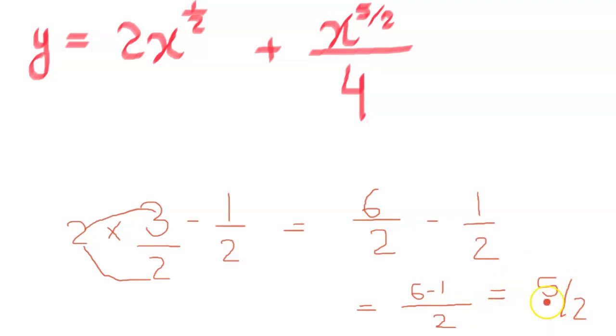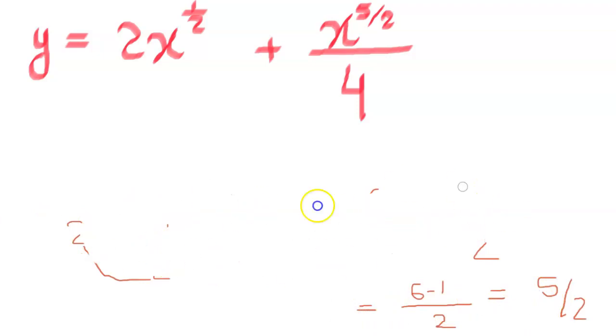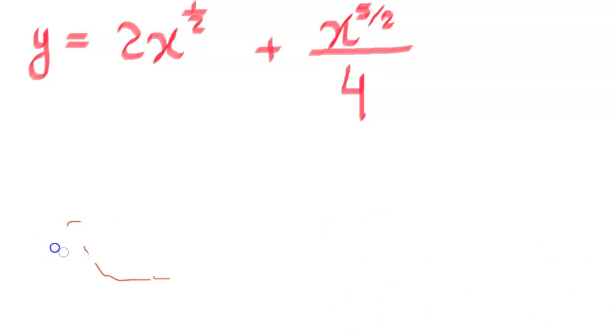There is an advantage of writing 5 over 2. I'm just going to clear that one, and I will tell you why. So that's 5 over 2. Now, once I got that one, I still need to differentiate. I'm just going to write down differentiate with respect to x.